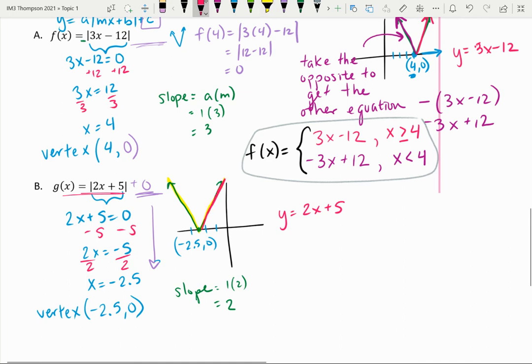A positive slope is going to be this side. So I've got 2x plus 5. Almost given to me. But then where does that domain exist? Well, the x value is negative 2.5, and I'm talking about the numbers greater than. So this is going to be x is greater than negative 2.5.